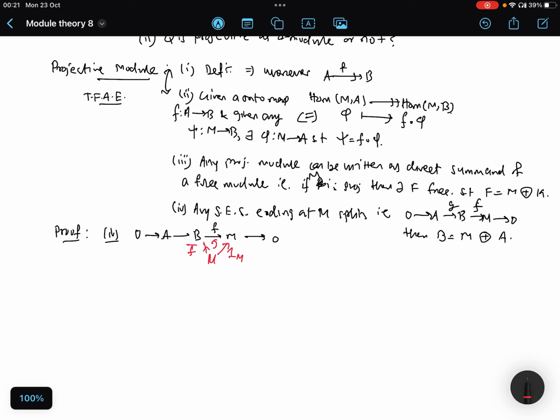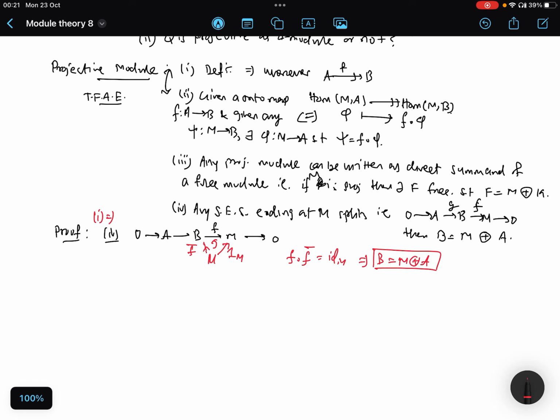That is from the definition. So if you assume one or two equivalents, you get a section, that is a map in the other direction from M to B, F prime, such that their composition, so what is the composition? You start from M, and this is the identity, right? That is equivalent to saying that this sequence is split. So yeah, one implies four.